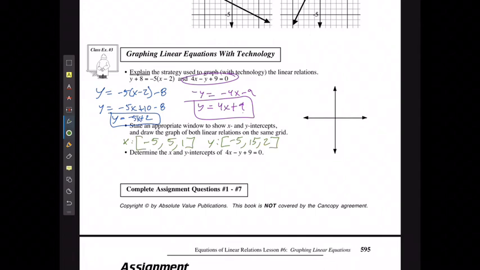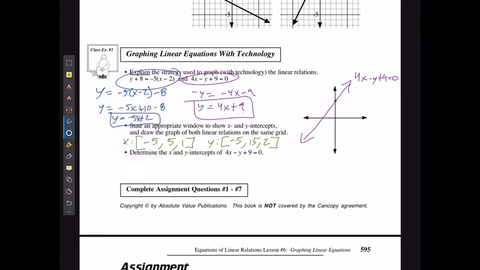Then when I actually go to graph it, I should wind up with something that looks relatively like this. I'm going to have my first equation, and that's my second equation. And this one is going to be the 4x minus y plus 9 is equal to 0, where I can see that I have that y-intercept at 9 and a positive slope of 4.